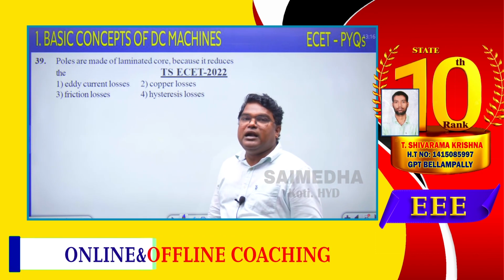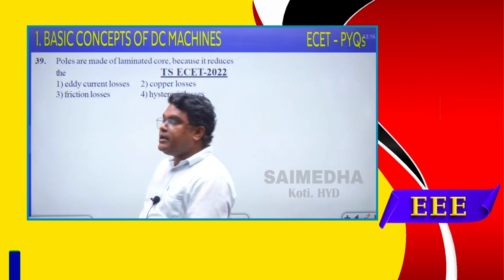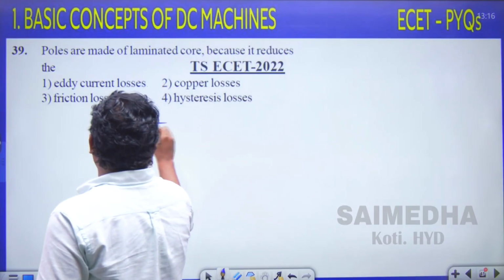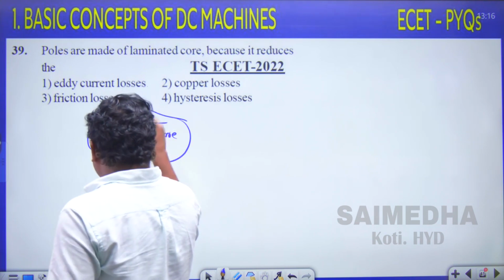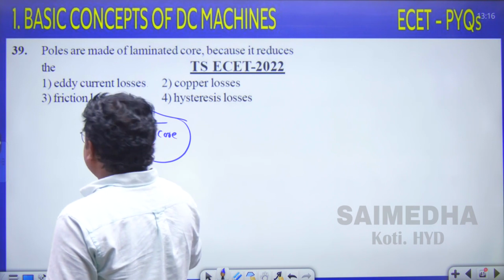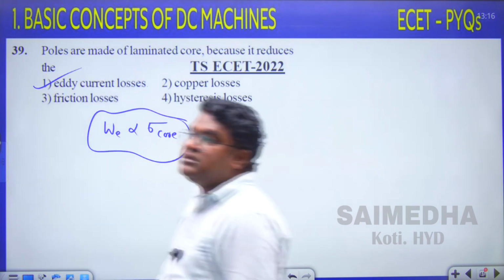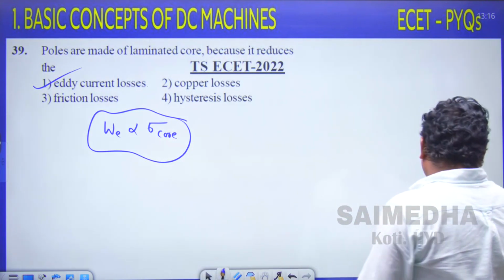The decrease in conductivity decreases the eddy current losses, because eddy current loss is always directly proportional to the conductivity of the core. So option 1 is correct for this question.